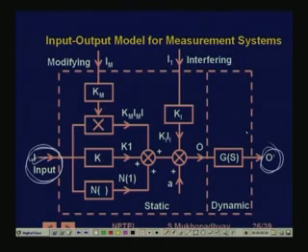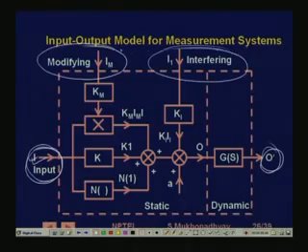But there are other kinds of inputs which come in, for example modifying inputs, which change the characteristic of the instrument. For example, gain change will be a modifying input. So the change in the supply voltage will be a modifying input. Or let us say the gauge factor of a strain gauge itself is dependent on temperature. That's a modifying input, because it changes the relationship between strain and resistance change.